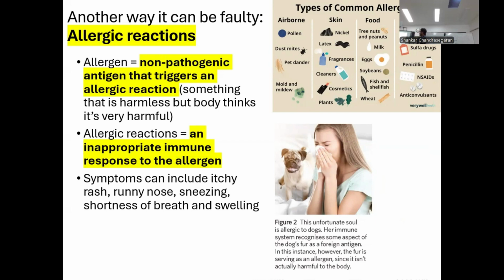Specifically, how do I describe this? It can be any of these different things, right? Very unrelated things. People are allergic to a lot of different things out there.